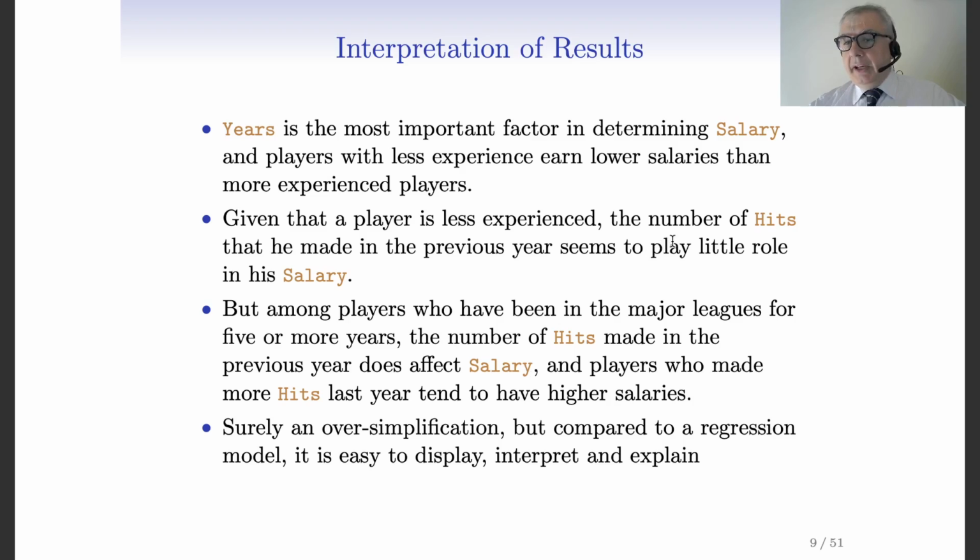For the young players, the number of hits is not that important. But if you have been playing for some years in the league, then the number of hits is going to affect salary in a significant way.